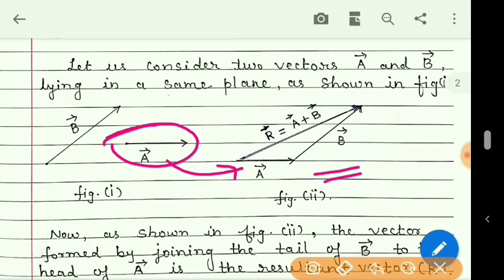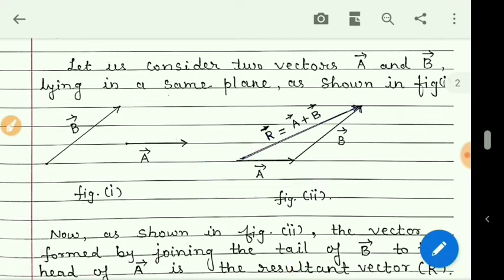You can see here the direction of A and its magnitude is same, only the place is changed, only they were slided or displaced at some other place without changing its magnitude and direction.